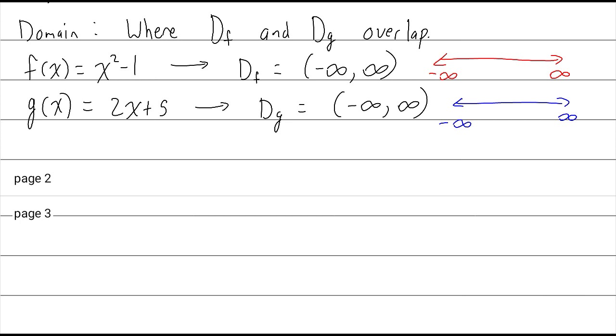All right, so then what is the domain of f plus g of x? Well, it's going to be where the domain of f and the domain of g overlap each other.